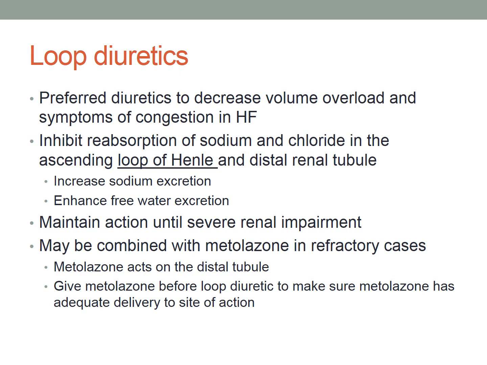Also, in patients who might be refractory to the use of loop diuretics, sometimes they are combined with metolazone, which acts on the distal tubule. And it's important that when these drugs are administered together, you give the metolazone before the loop diuretic to make sure it has adequate delivery to the site of action so that you can get the best response.